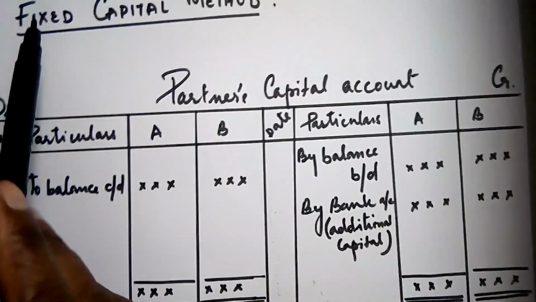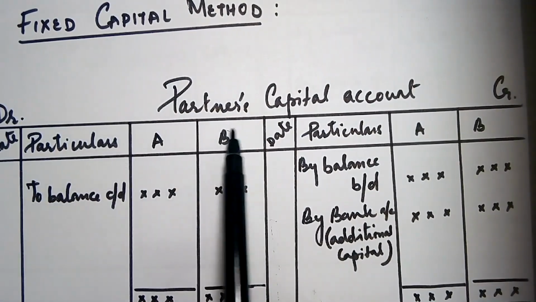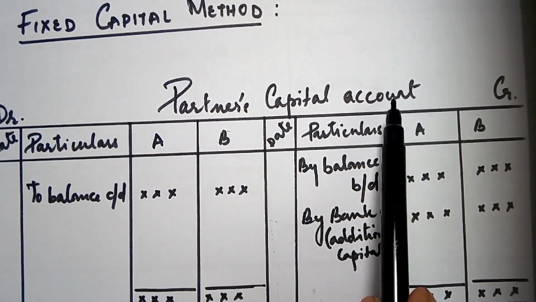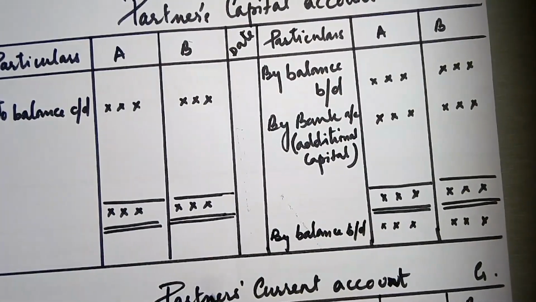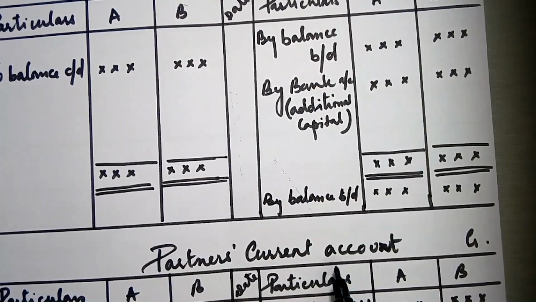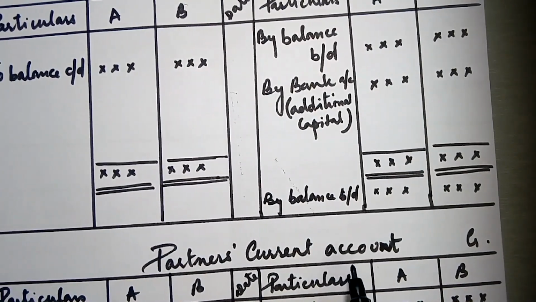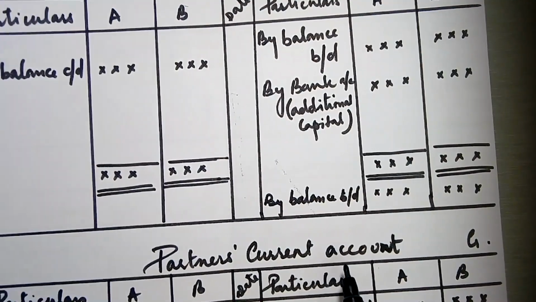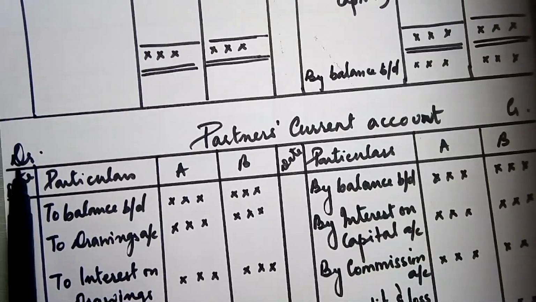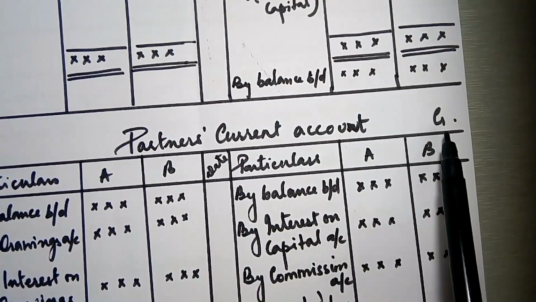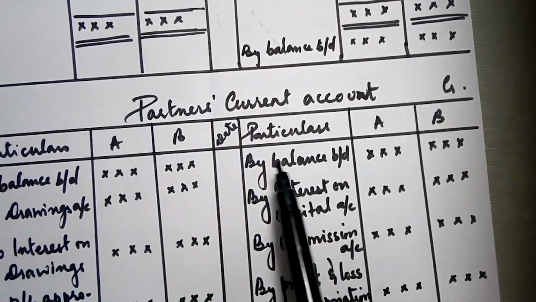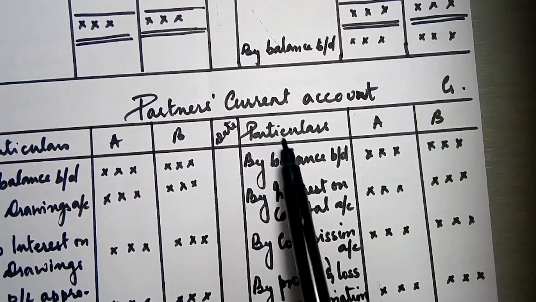Now under the fixed capital method, you are preparing partners capital account as well as partners current account. So two accounts have to be prepared in the fixed capital method. Now let us see partners current account. The format, you have a debit side as well as the credit side. Now in the credit side, in the particulars column, you write particulars.